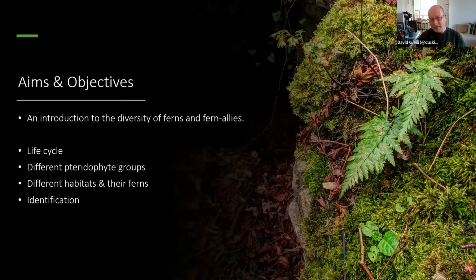Some explanation about the different groups, covering some different habitats and species, and also a little bit about identification and how to tackle identification, in what is traditionally regarded as a difficult group to study. In reality, they're not too difficult, but they do have complex areas.